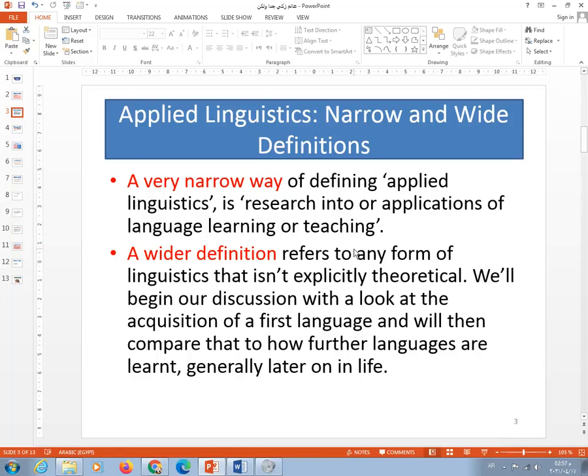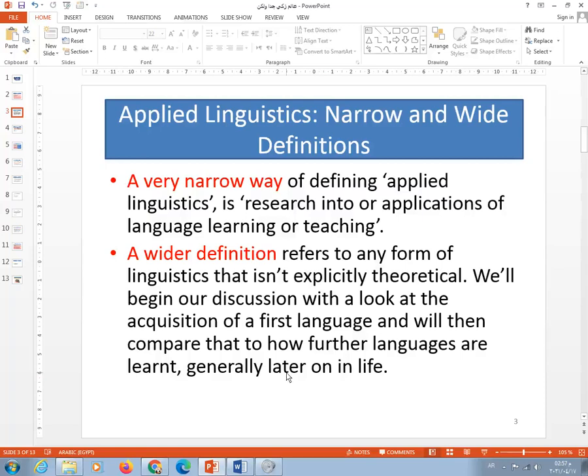A wider definition refers to any form of linguistics that isn't explicitly theoretical. So we can find that linguistics is related to applied linguistics in general in interdisciplinary fields such as sociolinguistics, psycholinguistics, lexicology, lexicography, forensic linguistics, translation studies, interpretation, and so many fields.